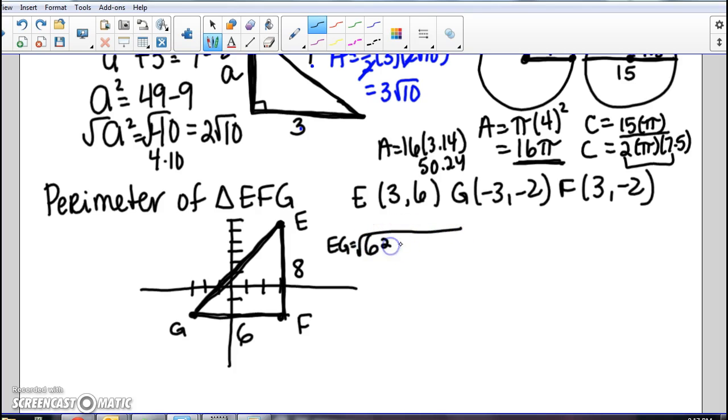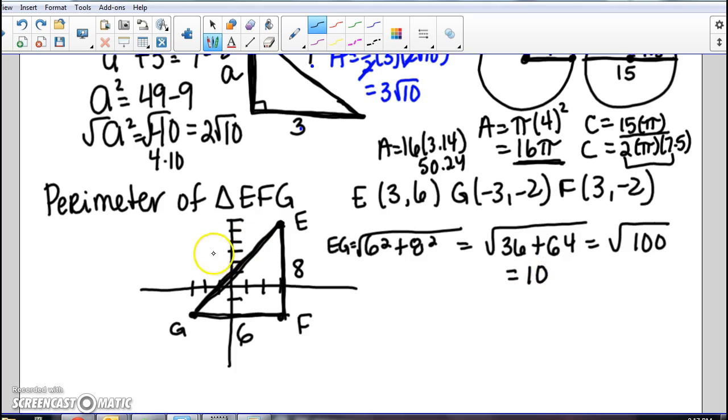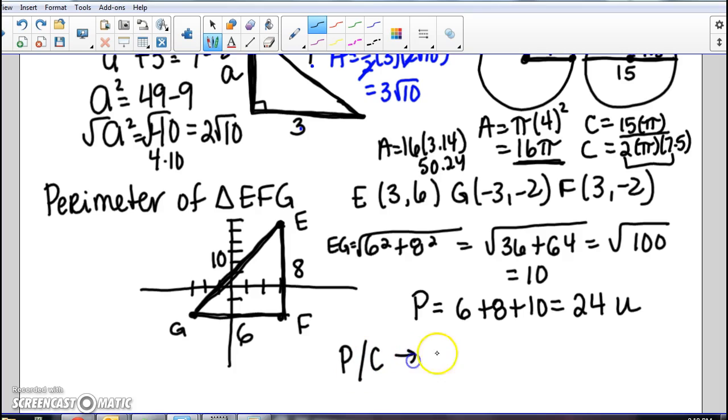Do the square root of 6 squared plus 8 squared. That's 36 and 64, which is 100, which gives us a pretty answer of 10. So our perimeter of triangle EFG would be 6 plus 8 plus 10. And that looks like it'd be 24 units. Remember, perimeter and circumference are just units, and area is always a unit squared. It's a two-dimensional unit.